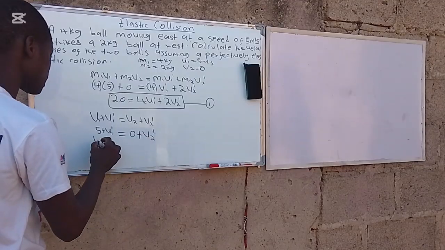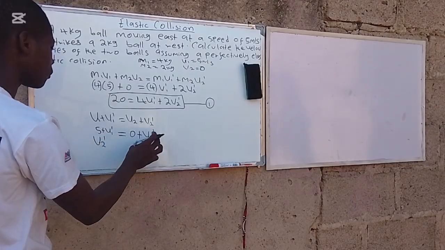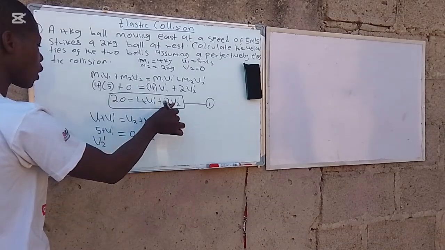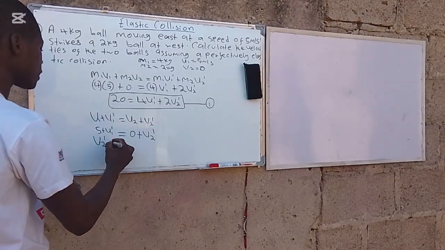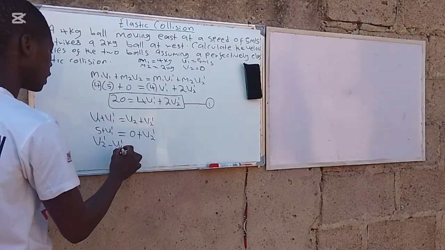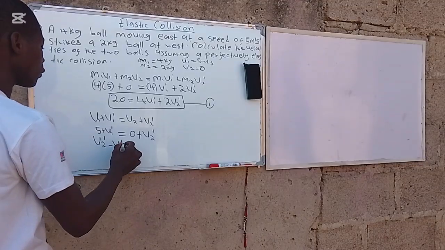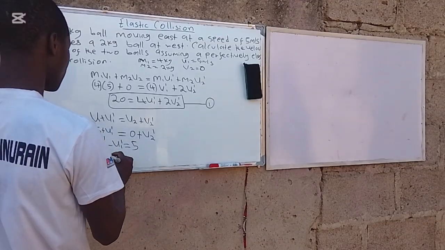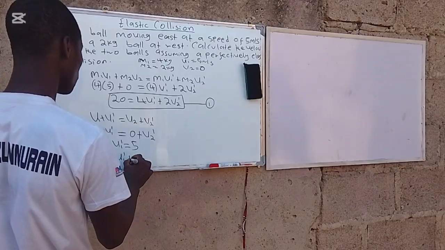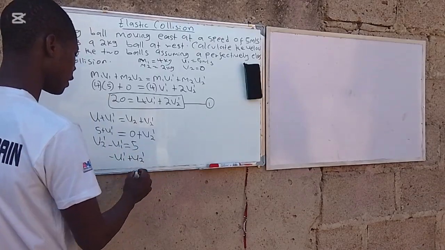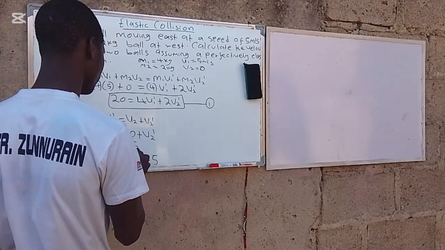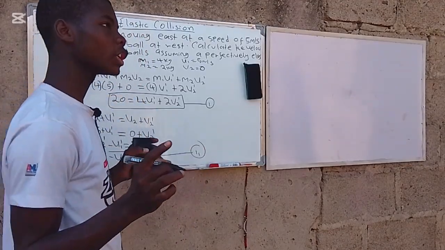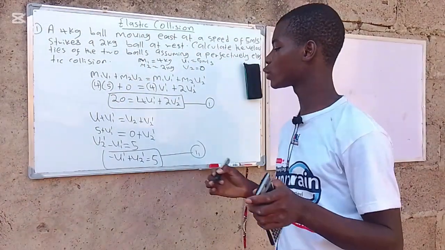So v2 prime will remain as it is, and v1 prime should now cross the equal sign. It will now be negative v1, and it will equal 5. This is the same thing as saying minus v1 prime plus v2 prime equals 5. Let me call this my second equation, equation 2.